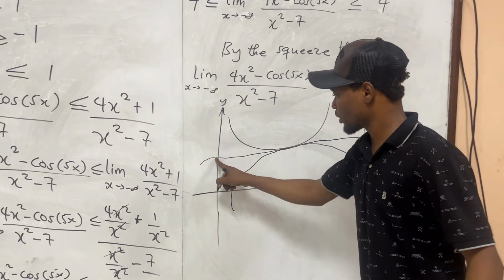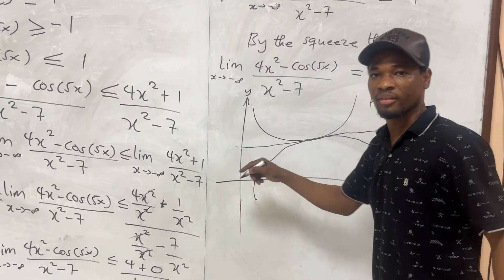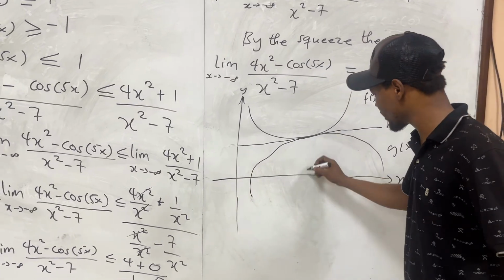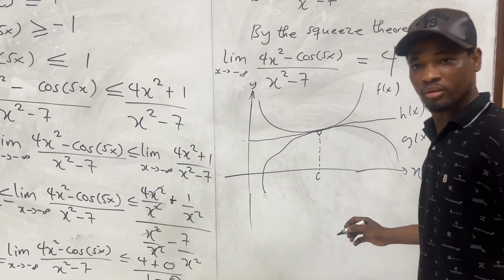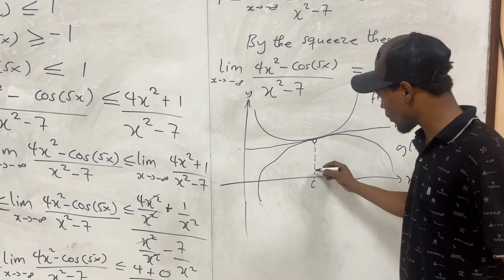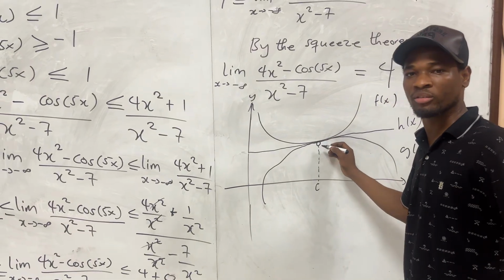So to evaluate the limit over here, from here up to here, we have c. Now let's look out for the corresponding y value.